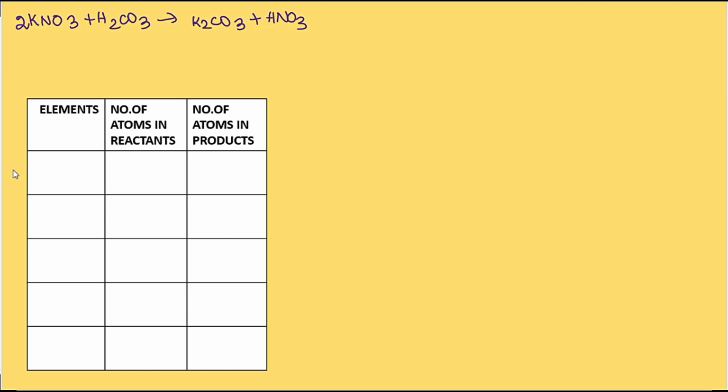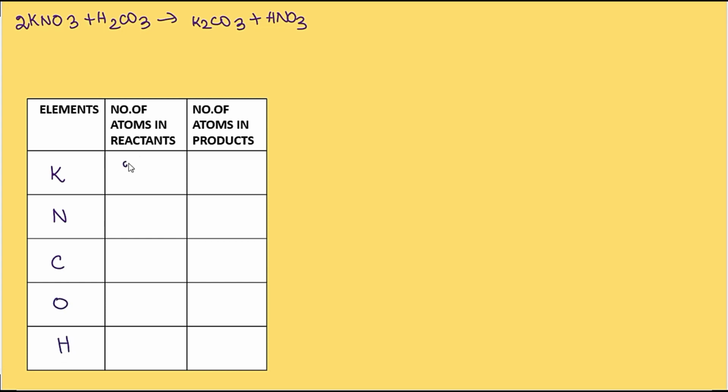Now again we will write down the elements for atoms of reactants and products using this updated equation. So we will write down potassium, nitrogen, carbon, oxygen, hydrogen.